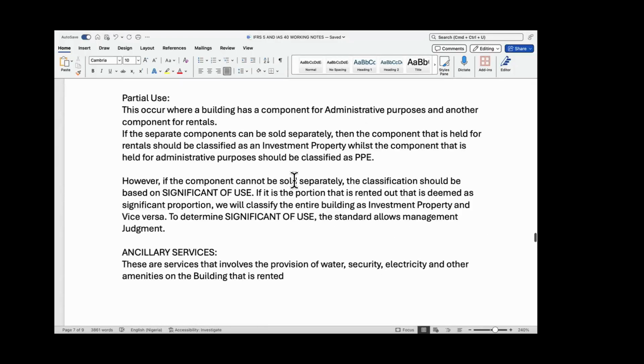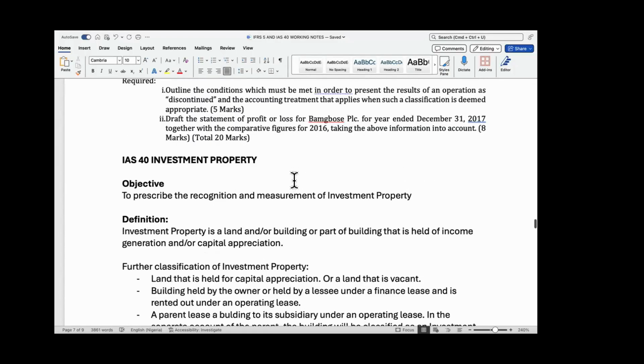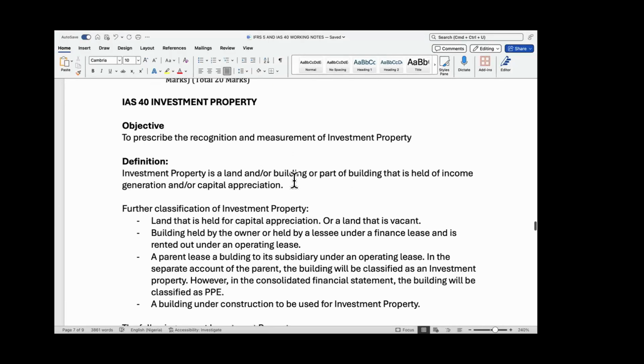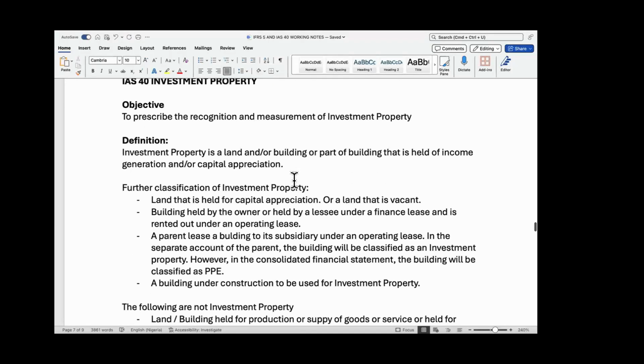And remember, speaking of IAS 40, I told you that they are majorly land and building. It could be just land. It could be just building alone. And it can even be part of a building.